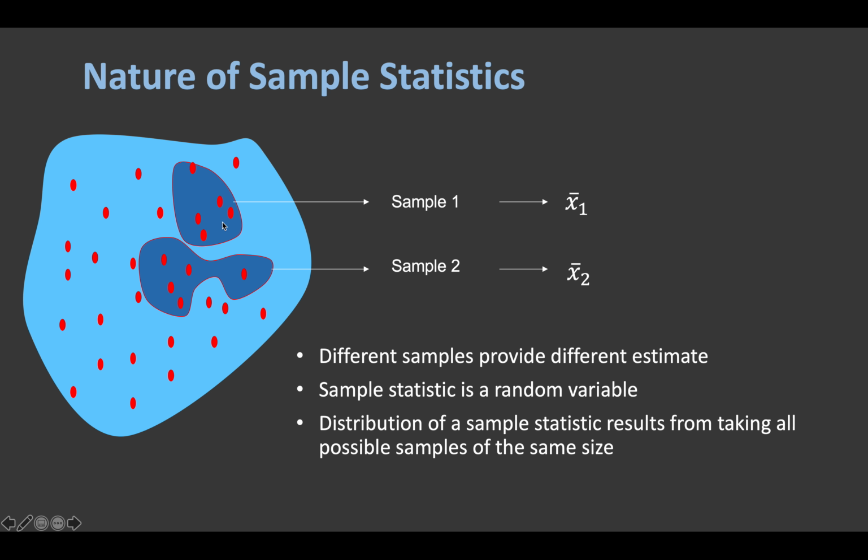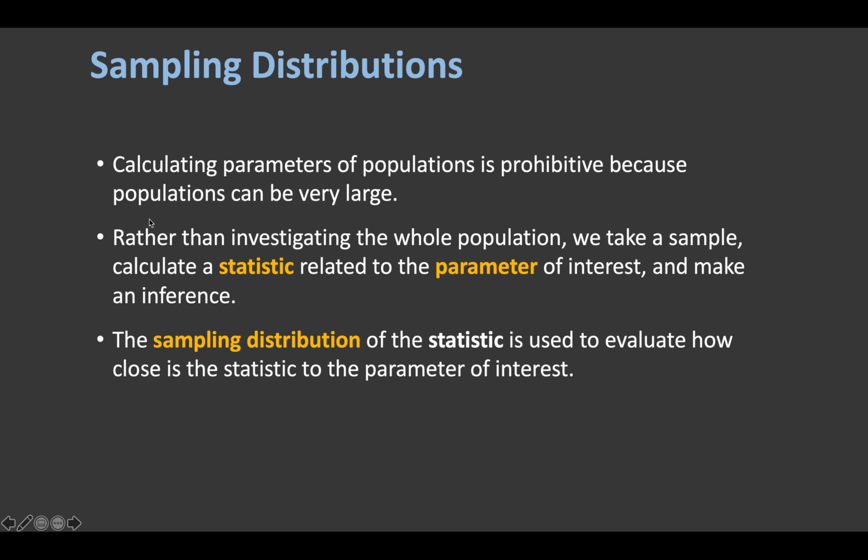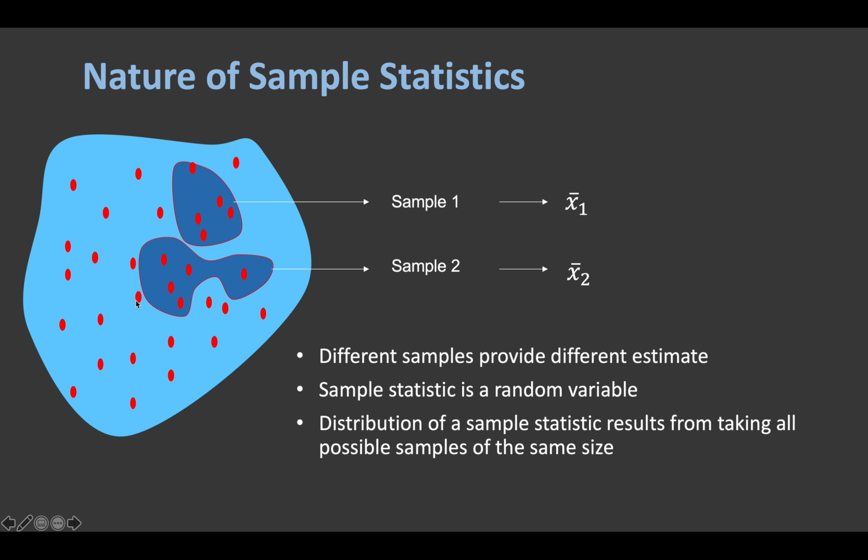I can pick these 5 and calculate a mean, I can pick these 5 and calculate a mean, I can even pick these 5 and calculate a mean, right? Picking different 5 will give me different means, and then I can draw the distribution. We take the mean as a random variable, and then we can draw the distribution, right?